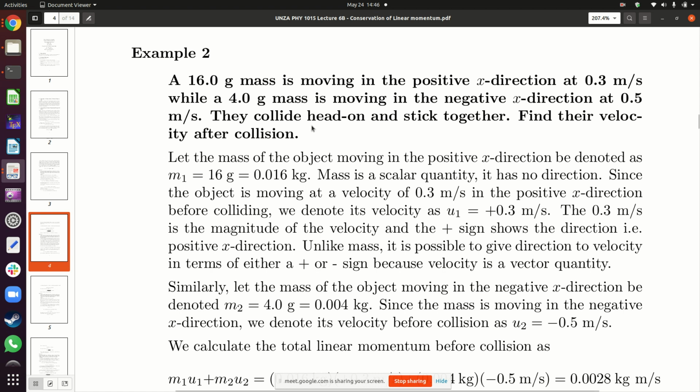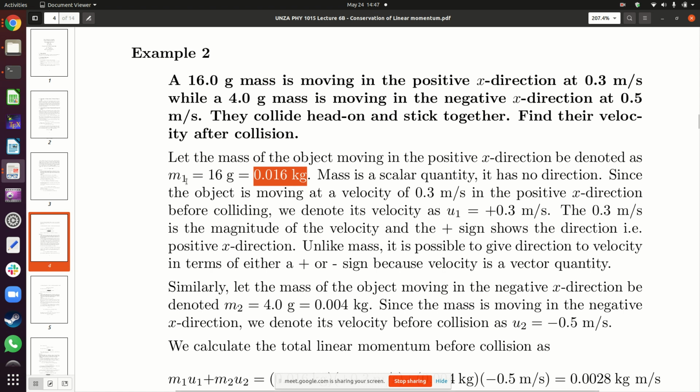The reason we are looking at direction is because velocity is a vector. So depending on where the velocity is pointing, you put a negative or a positive. Okay, so we let this 16-gram mass be mass 1. So mass 1 is going to be 16 grams, and 16 grams in kgs is 0.016 kgs.